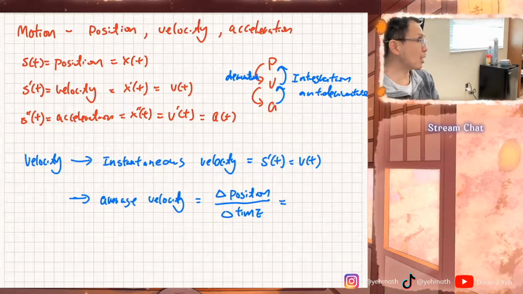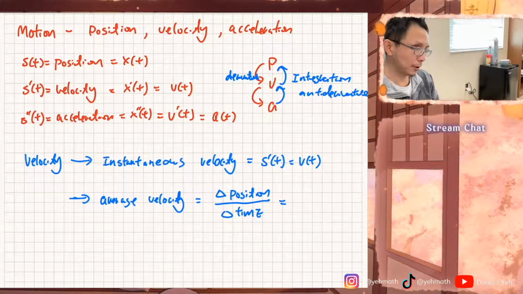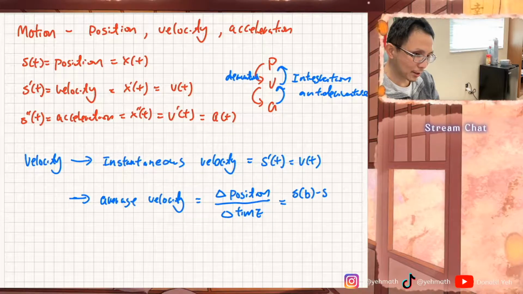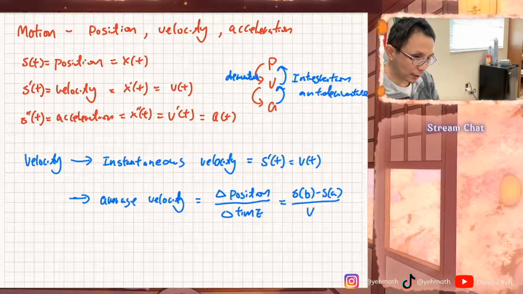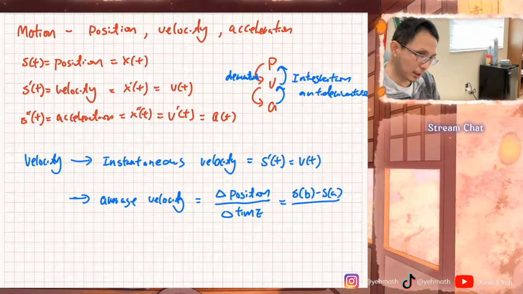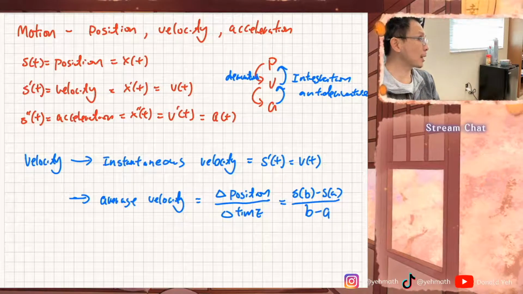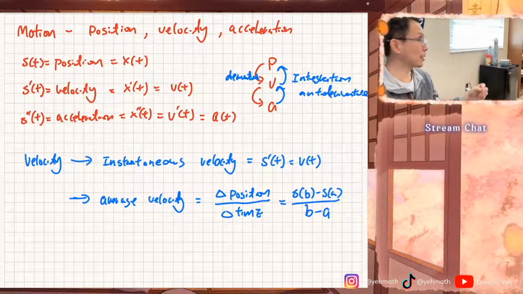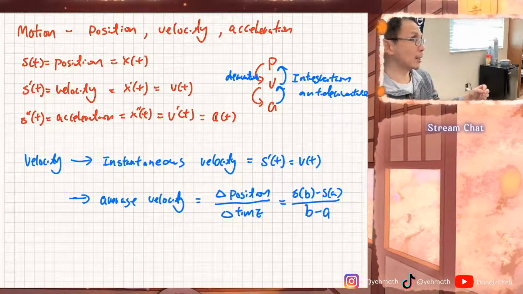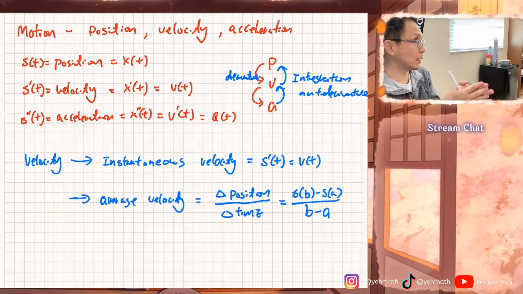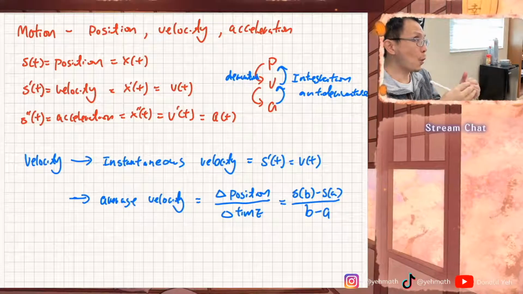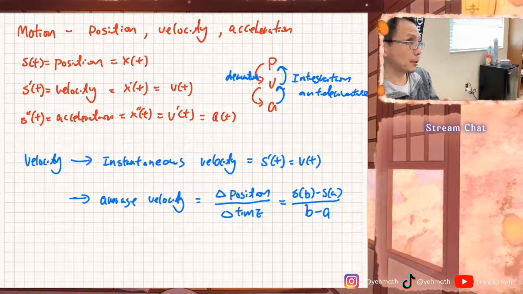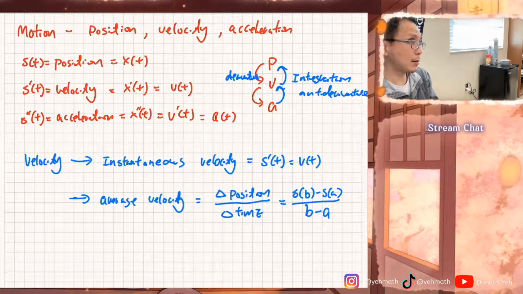So a lot of people thought v is s of b minus s of a over b minus a. Does this make sense? Because s of b minus s of a, which is final position minus initial position, is going to be the difference of position over the difference of time. Is that confusing? It's okay?